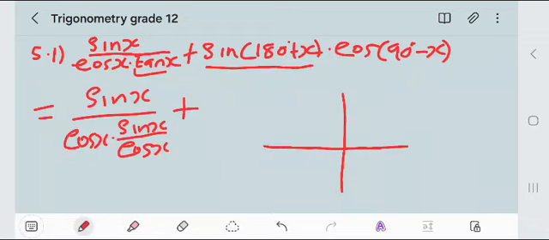We know here we have 180 minus theta, 180 plus theta, also 90 minus theta, so we have 90 plus theta here.